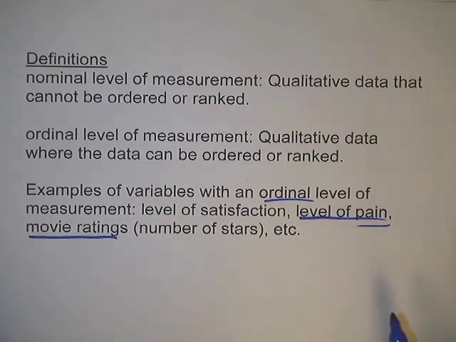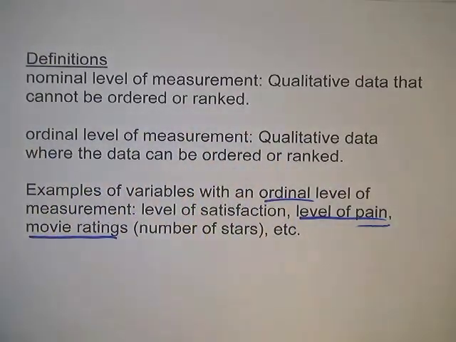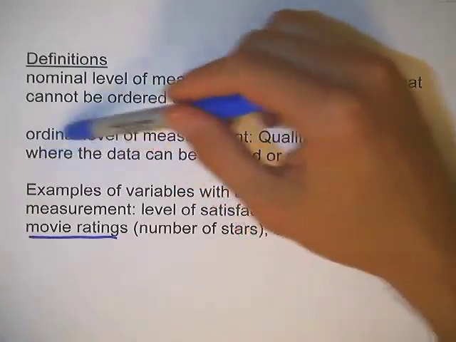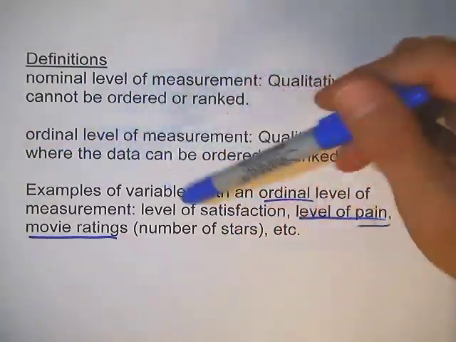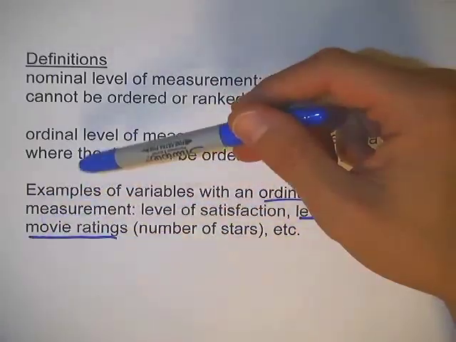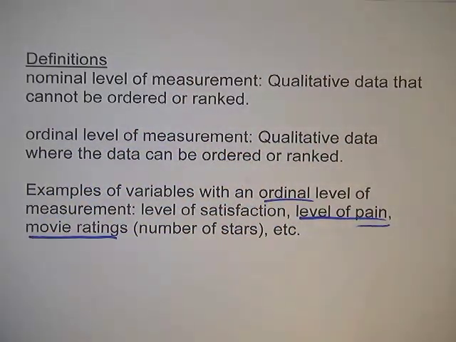So the people that answered 9 have much more pain than those that answered 3. When you're dealing with ordinal levels of measurement, you can have numbers, but even though the ordinal variable has numbers attached to it, it doesn't necessarily mean that it's quantitative. This will be qualitative ordinal data.